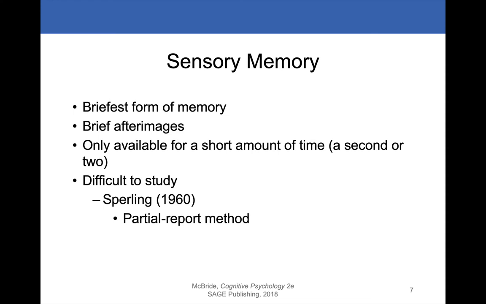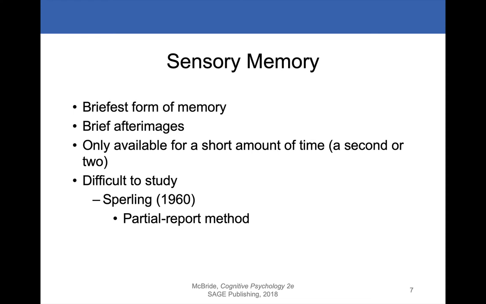Essentially, he would have human subjects looking into a device called a tachistoscope. Tachist means fast, right? It flashed images really, really quickly, like just a few milliseconds.